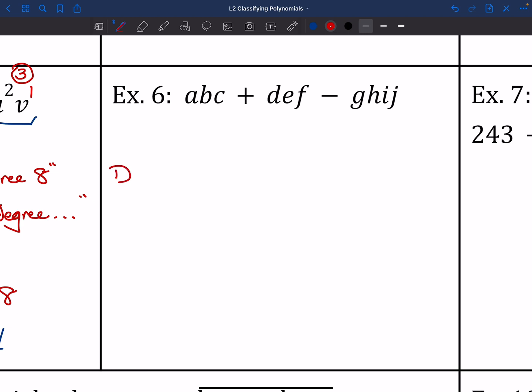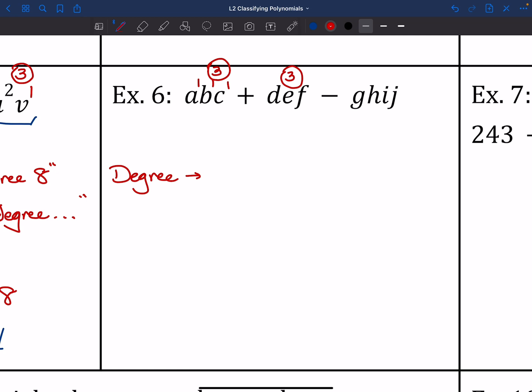Let's start off with the degree. Again, I need to take a look at each individual term, figure out the degree of that thing, and then choose the highest of those numbers. So on this first term, each one of those variables has a little 1 on it, so that overall degree is 3 there. D, E, and F in the middle also each have a little 1 on them, so that degree is also 3.